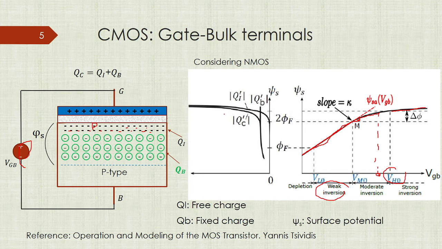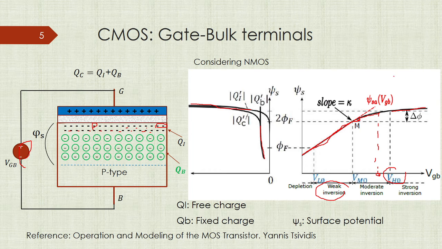Similarly, for the charge, we see that in weak inversion the charge is basically dominated by Q sub B, which is the charge of the ions. But when we move to strong inversion, charge starts to be generated by the free electrons, and they represent most of the charge when the voltage VGB is greater.